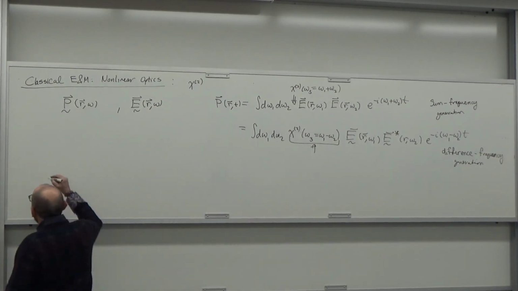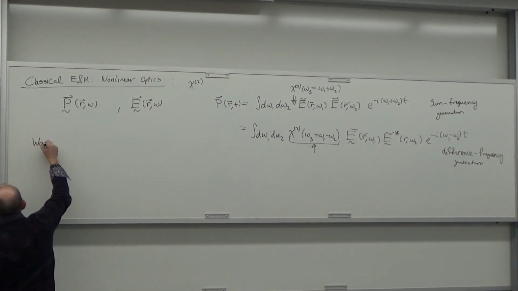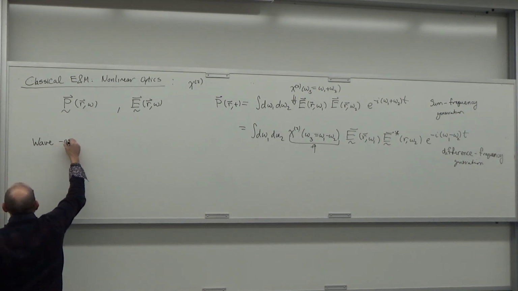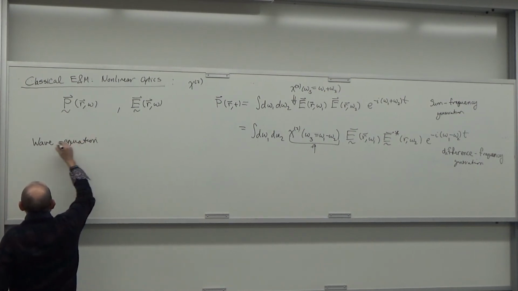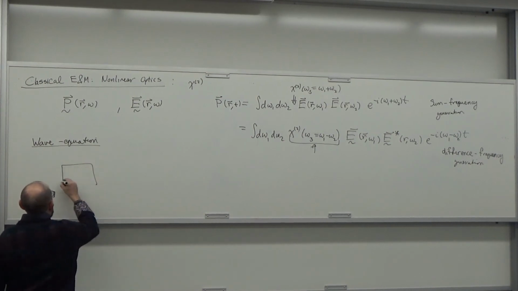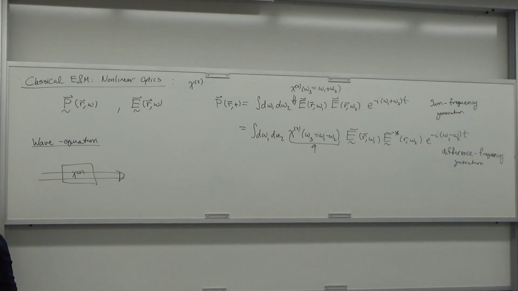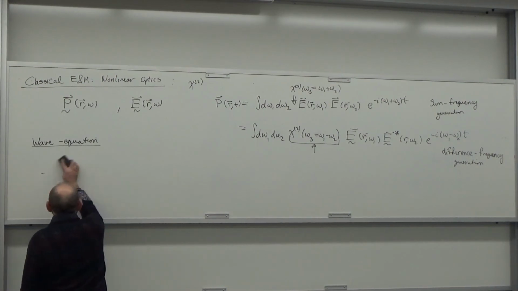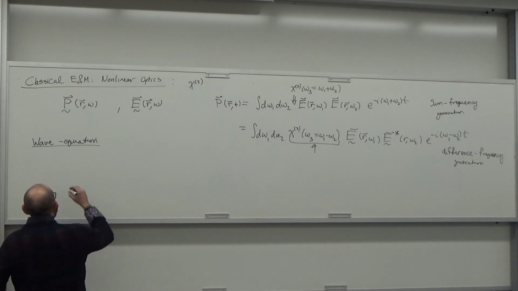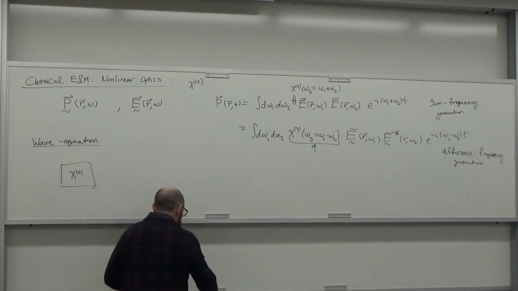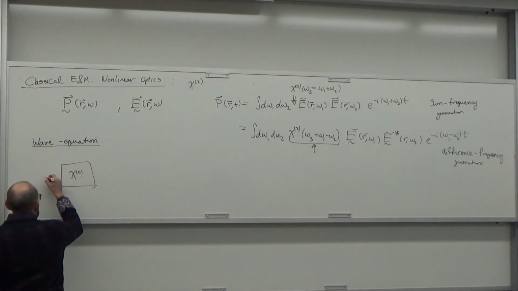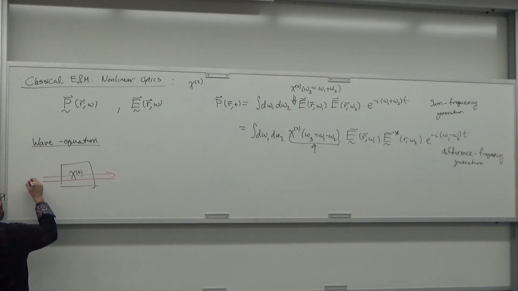Well, I can look at the wave equation. So here's my chi2 crystal. I have this field, omega 1.